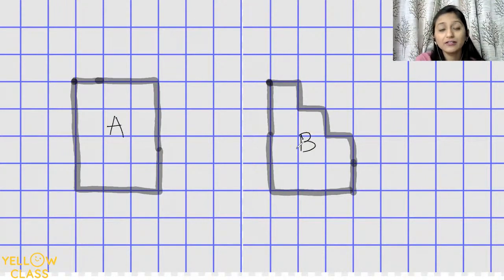Which will have the larger perimeter. There's more perimeter, okay? Right. So first of all, see its length. Yes, whatever width, length, and for this one also you know how to do. You have to move across the boundary of it. Yes. Okay. So let's find it out, everyone.